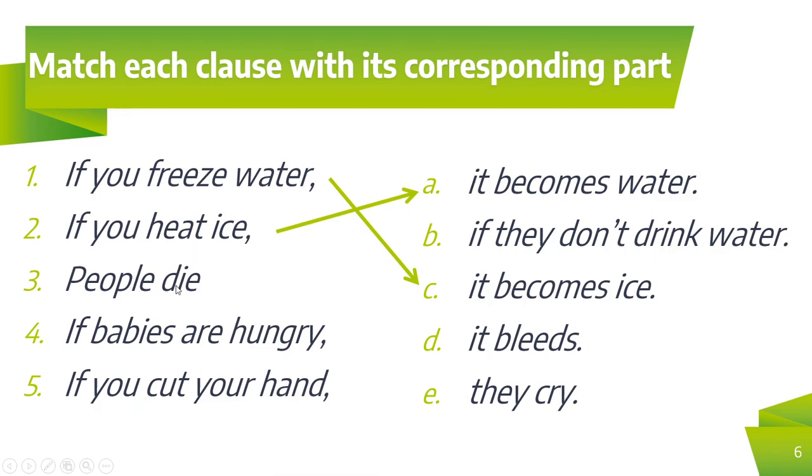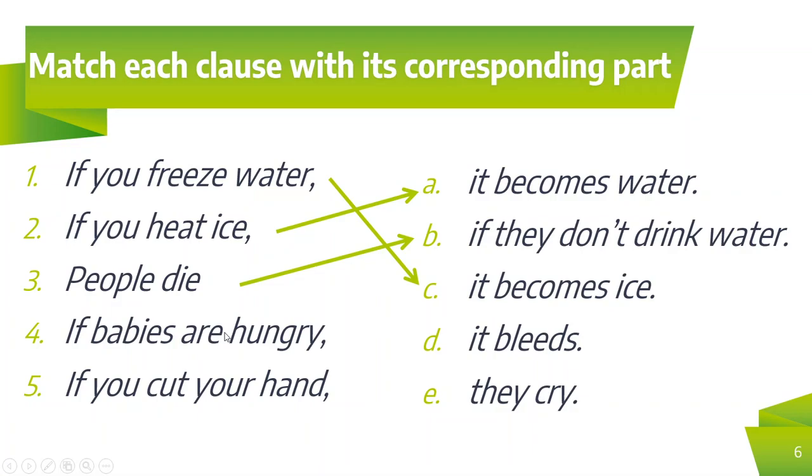Here we have the main clause. We don't have if, so it is the main clause. As I said, we can start with the main clause. Now we need an if clause, and here we have only one, which is this one. So people die if they don't drink water.